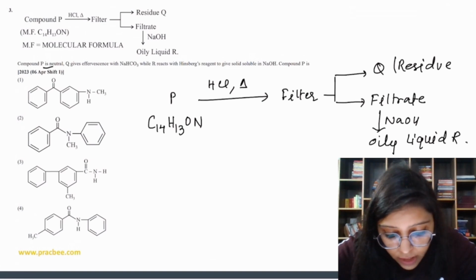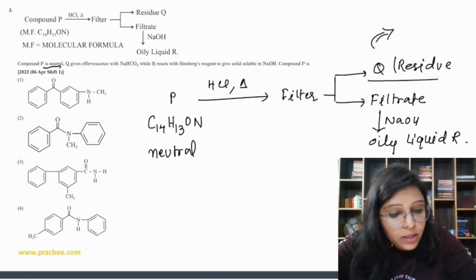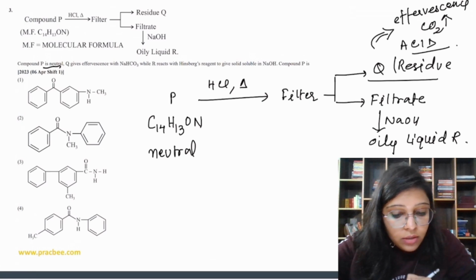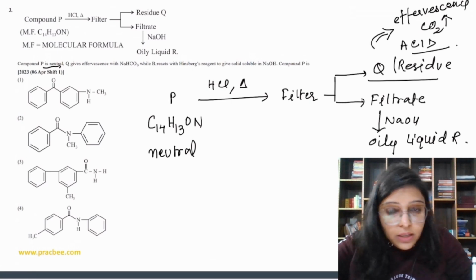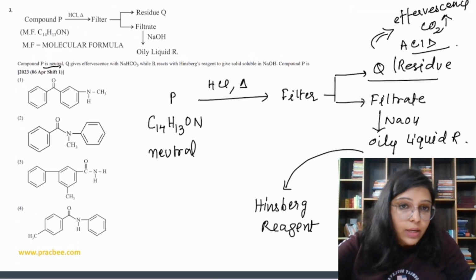Now let us find out what other information is given to us. So compound P is neutral. The compound gives effervescence with NaHCO3. If it gives effervescence, effervescence is due to the formation of CO2, then Q must be an acid, right? While R reacts with Hinsberg reagent to give a solid soluble in NaOH.